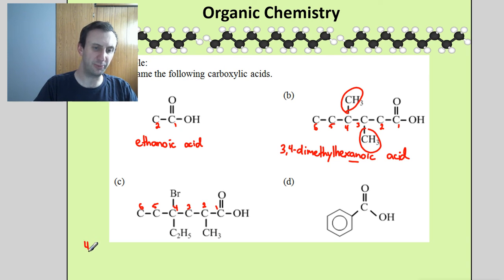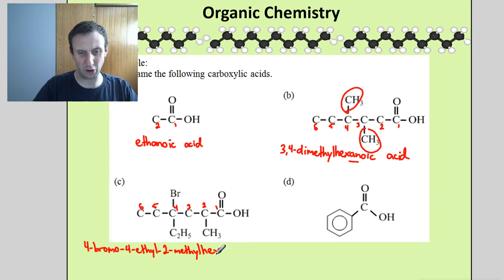So I'm going to start out with the bromo. So 4-bromo, because that's alphabetically first. Dash 4-ethyl. E is next after B. And then 2-methyl. And then I have the 6 carbons, so this is hexanoic acid.